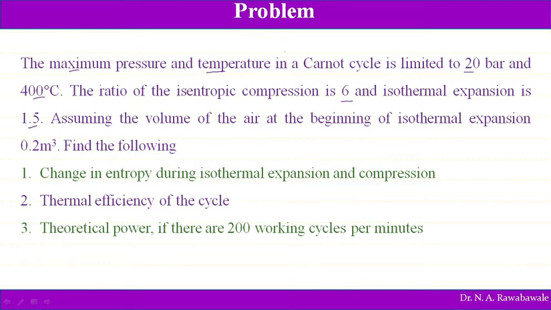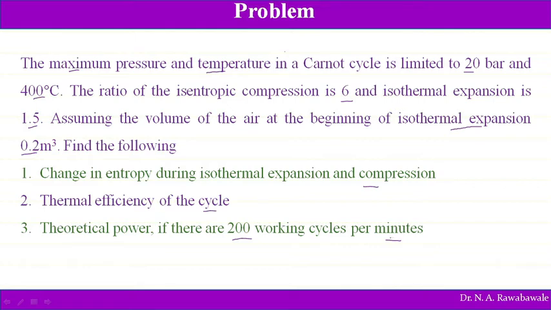Assume the volume of air at the beginning of isothermal expansion is 0.2 meter cube. Find the change in entropy during isothermal expansion and compression, the thermal efficiency of the cycle, and the theoretical power if there are 200 working cycles per minute.